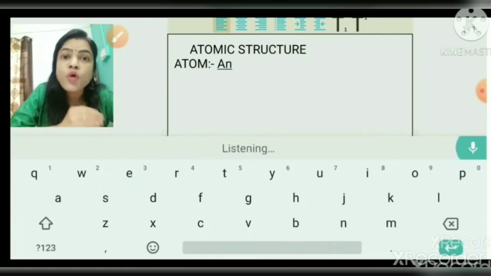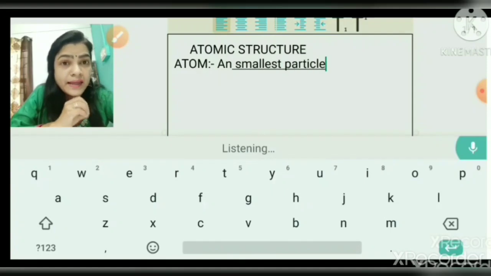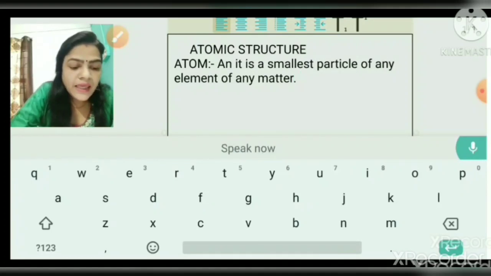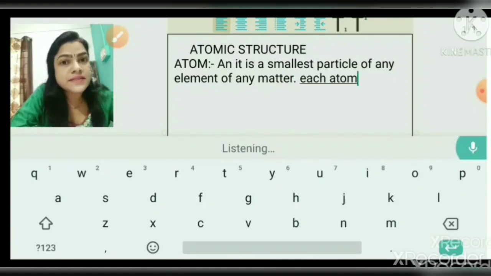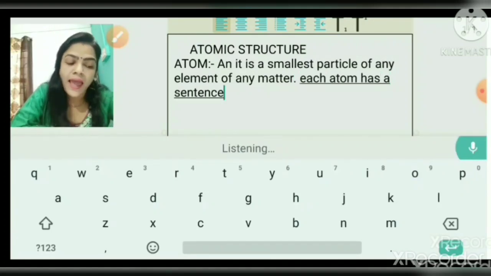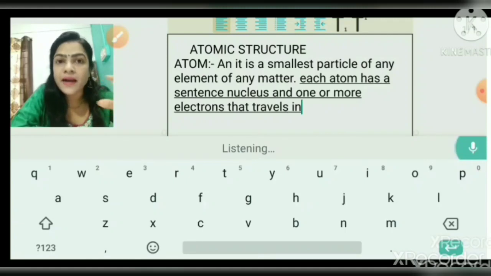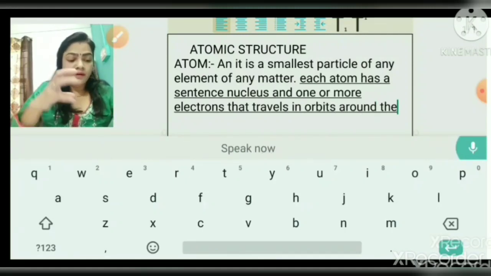Atom is the smallest particle of any element, of any matter. Each atom has a central nucleus and one or more electrons that travel in orbits around the nucleus.